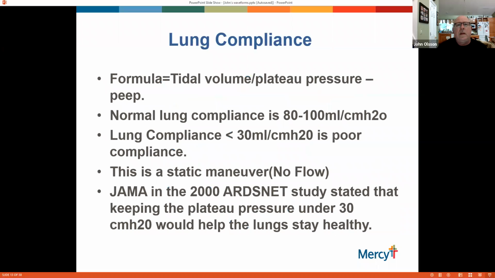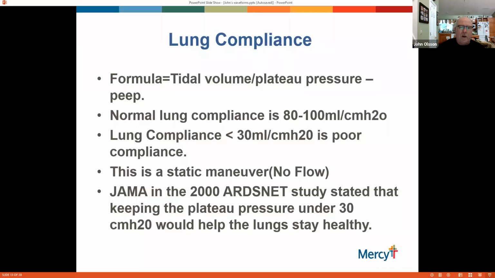All right, we'll talk a little bit about lung compliance. So this is very important. Lung compliance tells you how stiff somebody's lungs are, especially with ARDS. We need to watch our lung compliance and our plateau pressure. In 2000, there was a study published in JAMA, the Journal of the American Medical Association, that we still use.